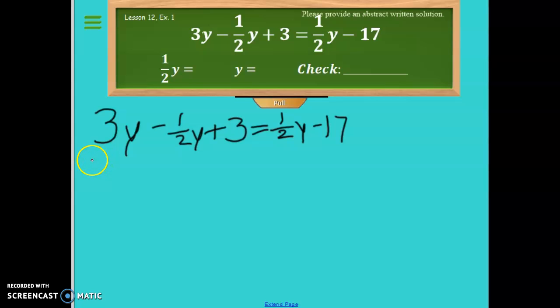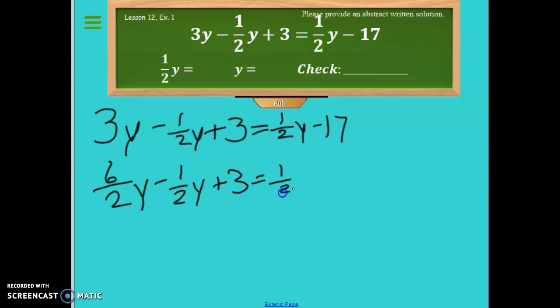If there are 2 halves for every whole, that means I'm going to have 6 halves of y, which is equivalent to 3 wholes, minus 1/2 of y plus 3 equals 1/2 y minus 17. It just makes it easier when we're simplifying if we're working with all the same type of number. So 6 halves minus 1/2 is 5 halves.